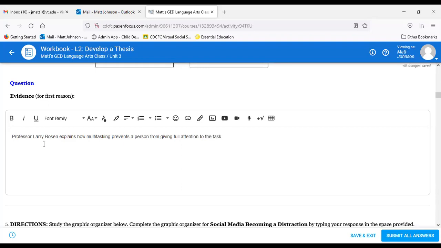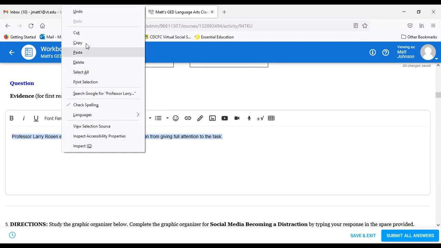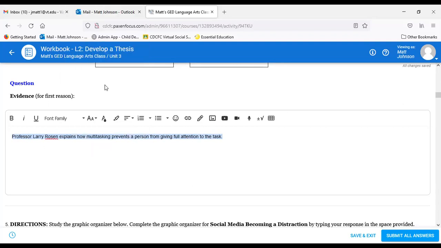Just as long as it falls in that realm of addressing that particular evidence and that particular expert. You can word it however you want, but basically that is the idea, right?